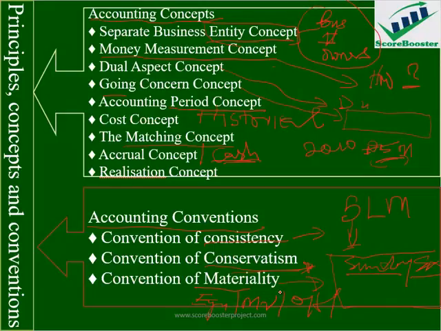So we should prepare accounts based on materiality, i.e. we should account for items that are material. Then the immaterial items should be grouped together. It's not like we are going to ignore them. Please take note in your OBJ. The examiner can say materiality means the immaterial items should be ignored. No, they are not to be ignored, they are to be grouped together into a new account, and given a name of interest to you.